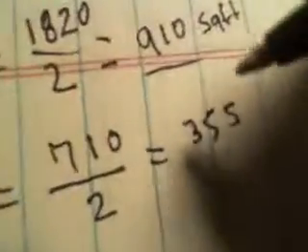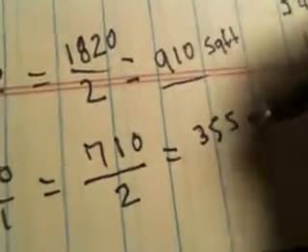And what does that give us? Well, 71 times 10 is 710. 710 over 2, and then this divides and we get 355.